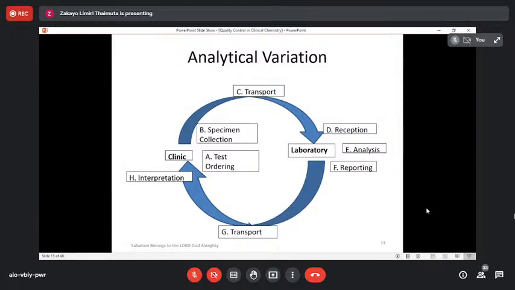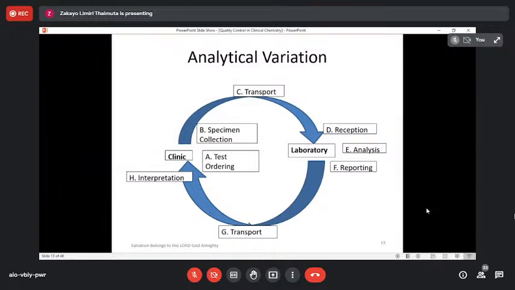Here, the errors could be related to things like the quality control being left out, expired reagents, over dilution, and contamination. These are some of the things that can occur during the analysis. The errors that occur during analysis are called analytical errors. From there, any other error that occurs is called post-analytical, that is reporting, transport, and interpretation.